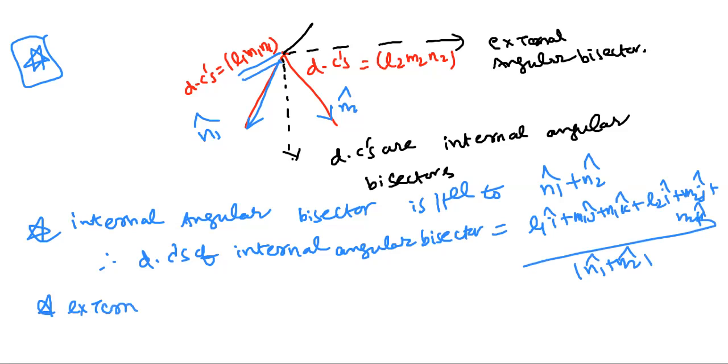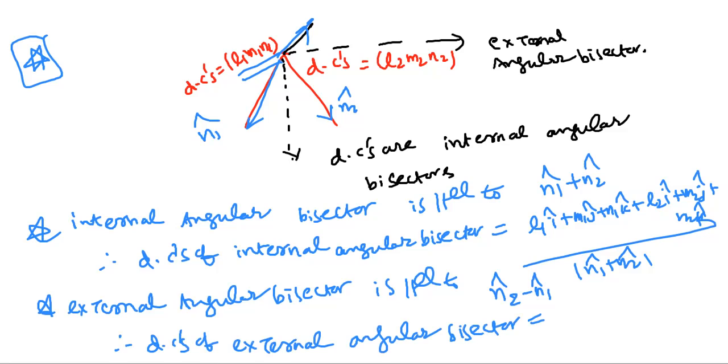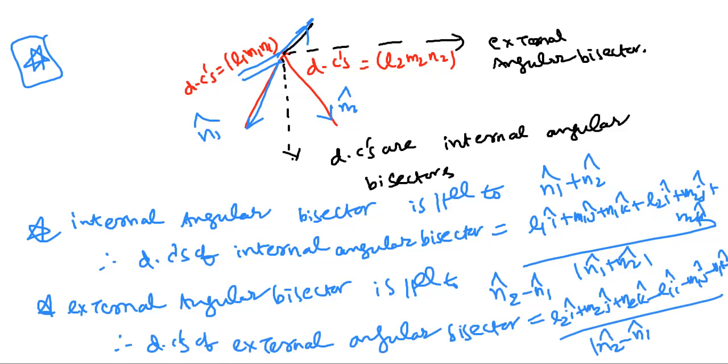Whereas for the external angular bisector, that will be parallel to, as you can see, reverse it, this is minus N1 cap, so N2 cap minus N1 cap. Therefore, if you want the DCs of the external angular bisector, you divide by the magnitude: L2 I cap plus M2 J cap plus N2 K cap minus L1 I cap plus M1 J cap plus N1 K cap, divided by magnitude of N2 cap minus N1 cap.